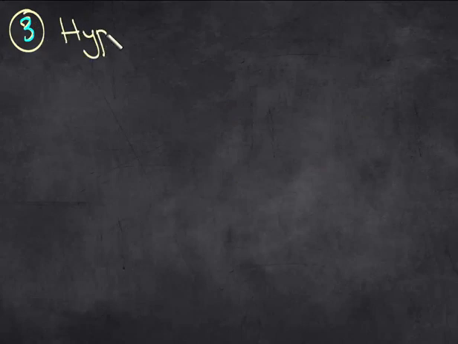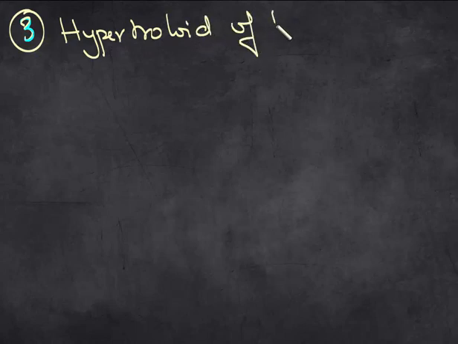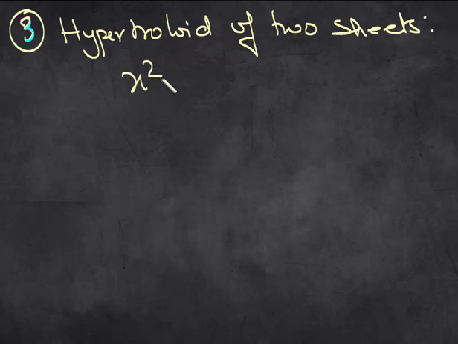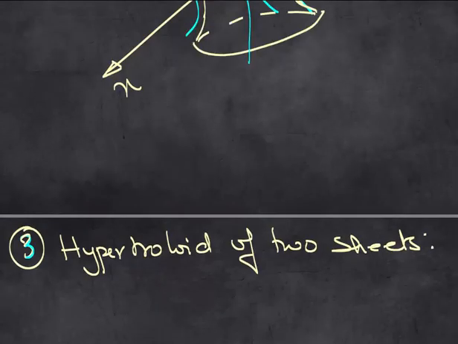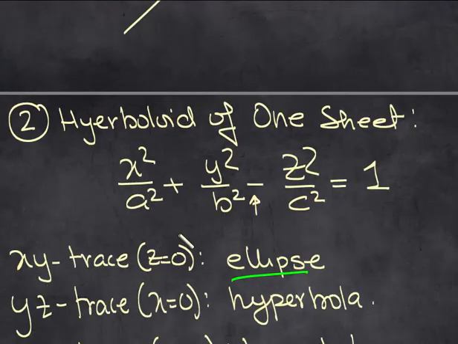This is number 3. We have hyperboloid of two sheets. This time we have two negatives, so we have x. And obviously, by the way, you guys understand this, right? I could easily change these equations.